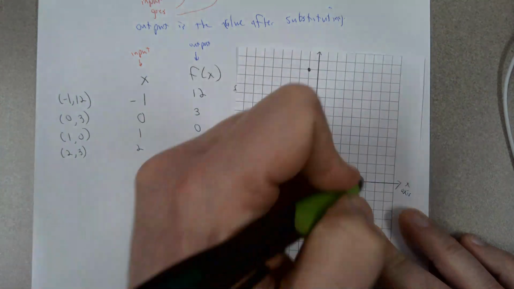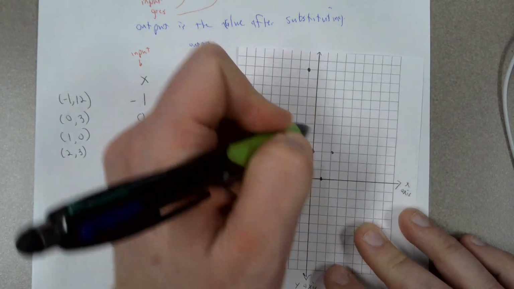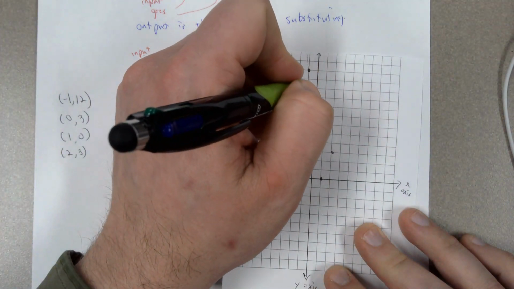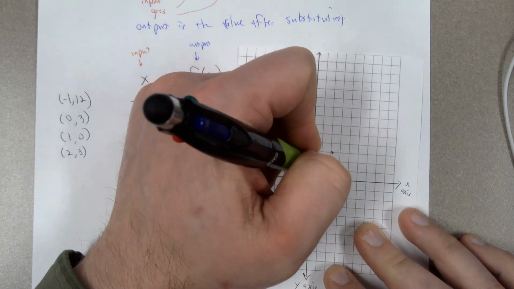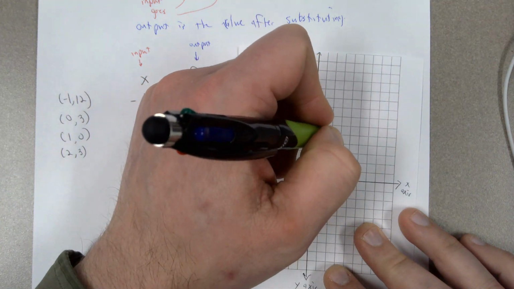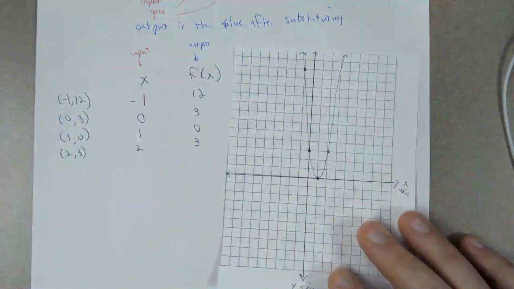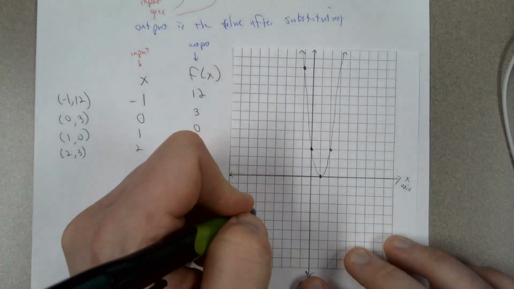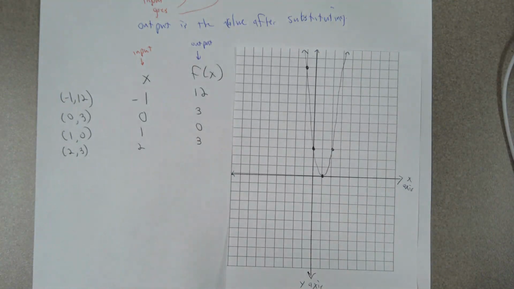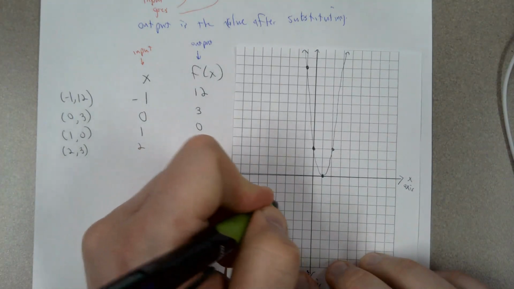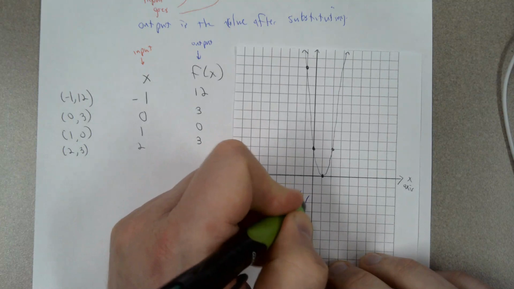And we had the point 2, 3. So this, assuming I can draw my line decently, would be the graph of our function. So this is f of x equals 3x squared minus 6x plus 3.